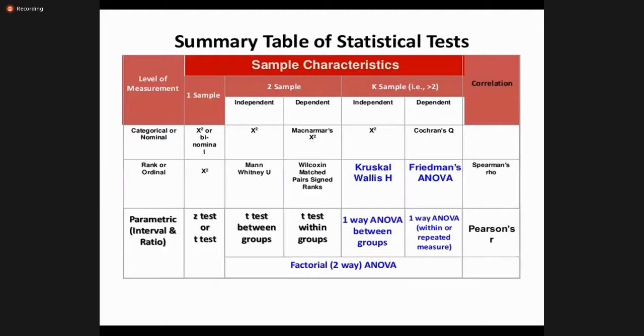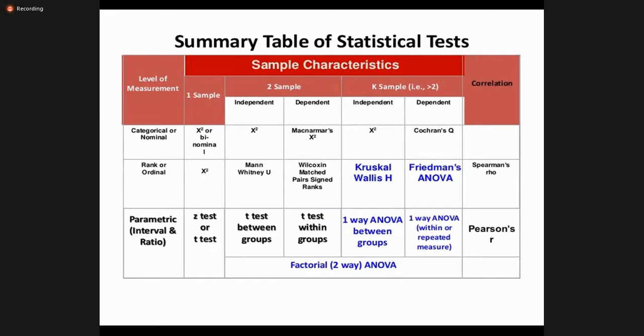When you are talking about the t-test and ANOVA, you need the parametric type of measurements, like interval and ratio, such as height, weight, cholesterol levels, sugar levels, IQ levels. These are parametric because the results may come in fractions.